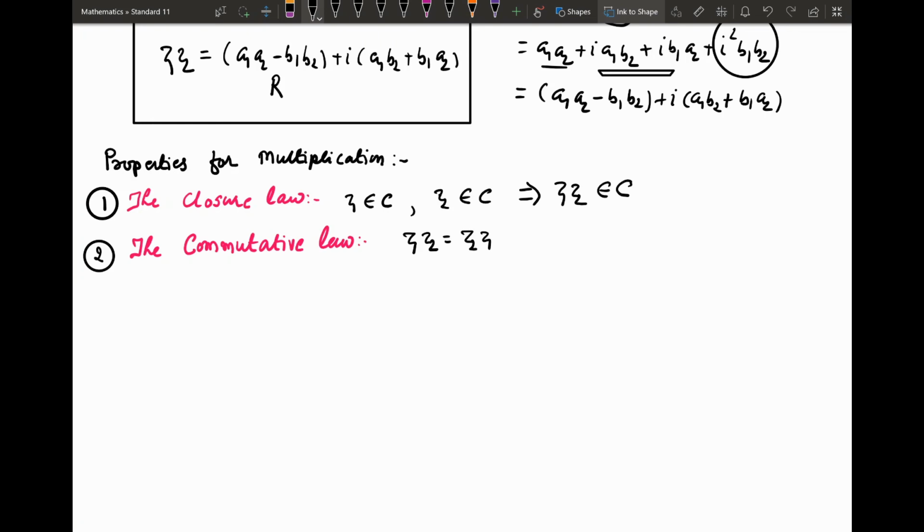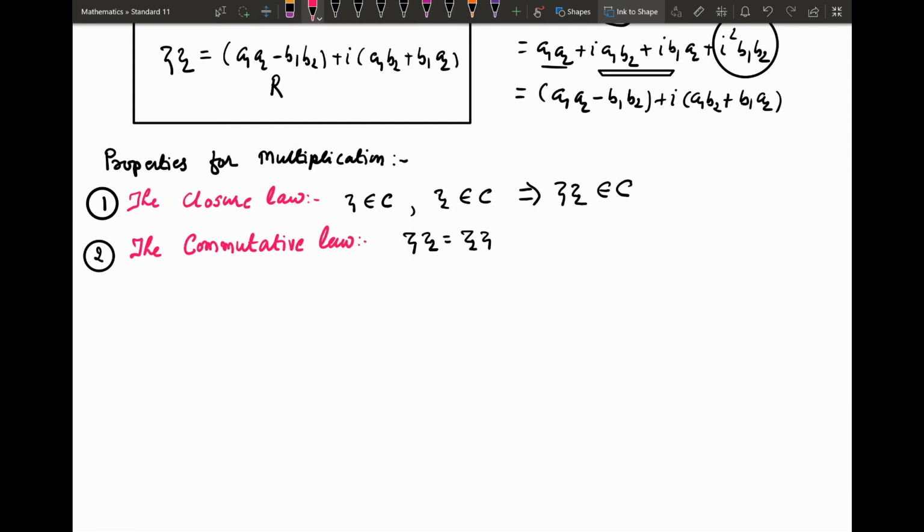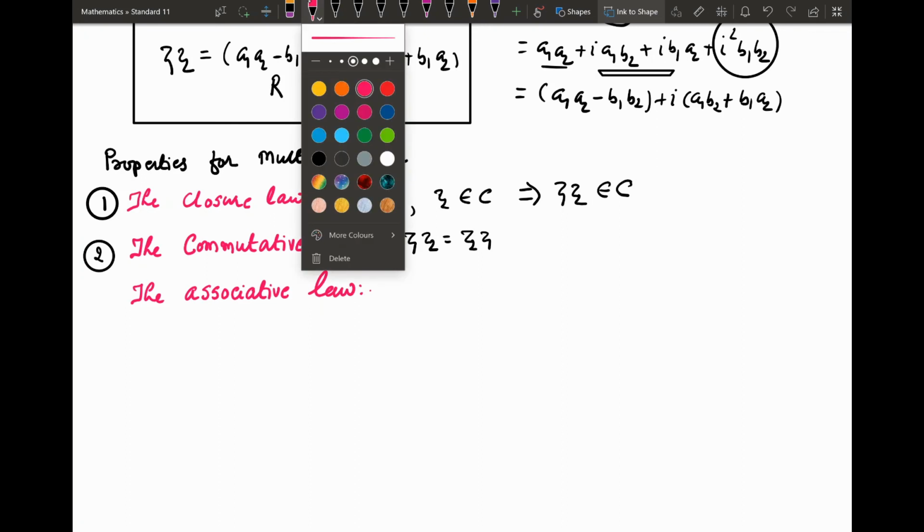Similarly, the associative law in the case of multiplication, the third one.